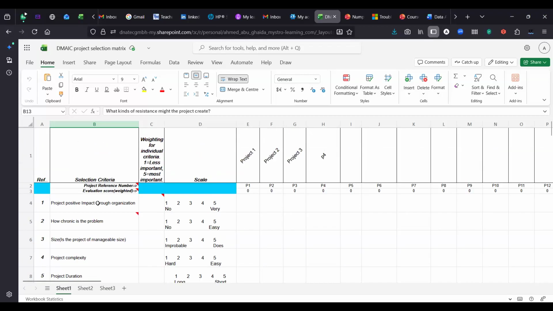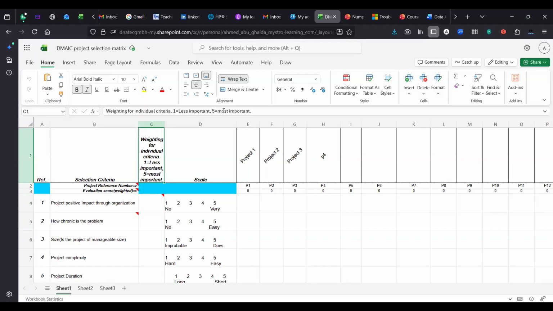And that's why we have a column here, column C, which is, as you can see, named weighting for individual criteria. I'm putting a weight for each criterion, where 1 is less important, 5 most important, 3 moderately important.